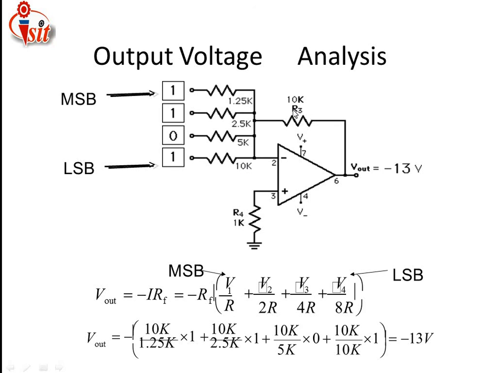For that purpose, we have taken R3, the feedback resistor, as 10k, or it may be greater than 10k, but it should not be below 10k.